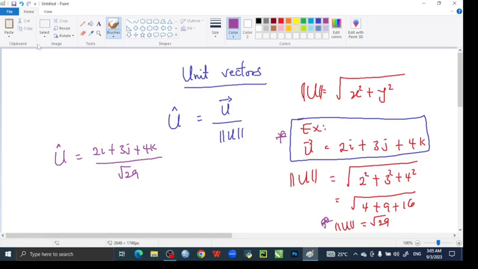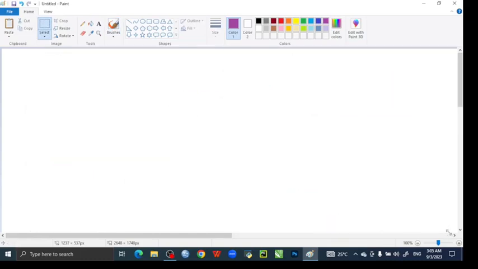So let's talk about operations on vectors quickly. When we talk about operations on vectors, we're talking about addition and subtraction.